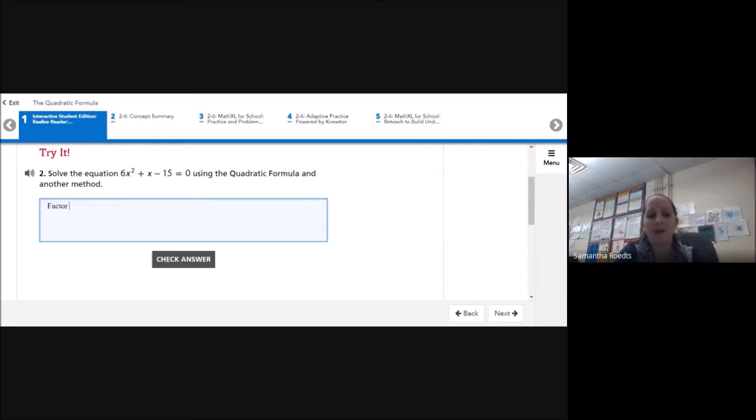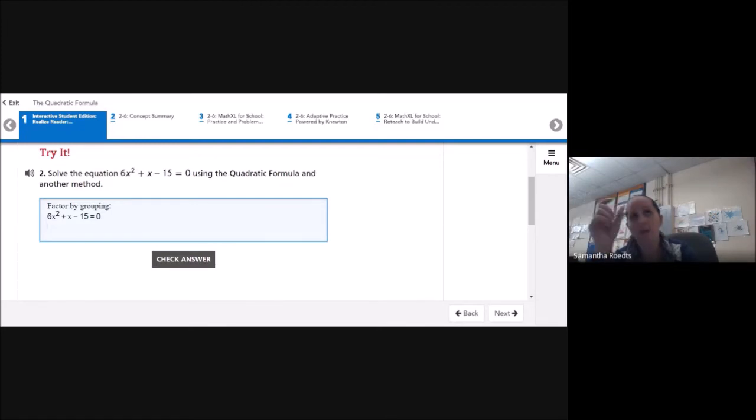So when I factor by grouping, I get the following. 6x squared plus x minus 15 equals 0.